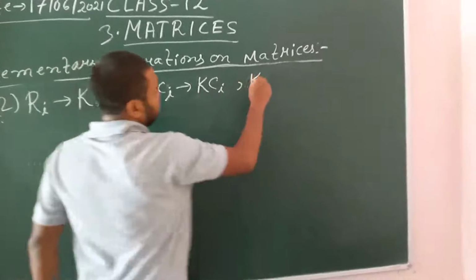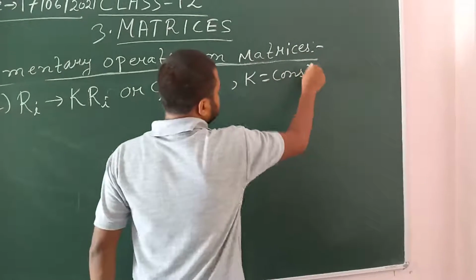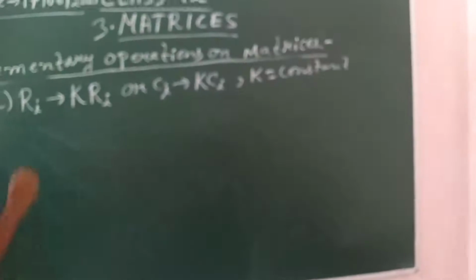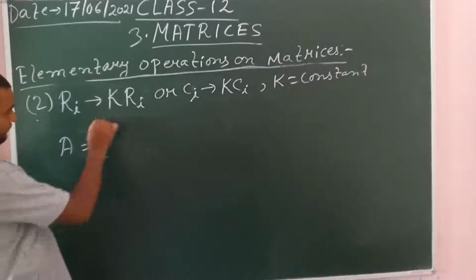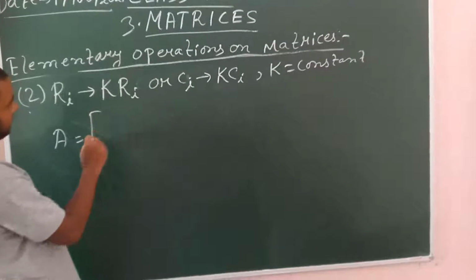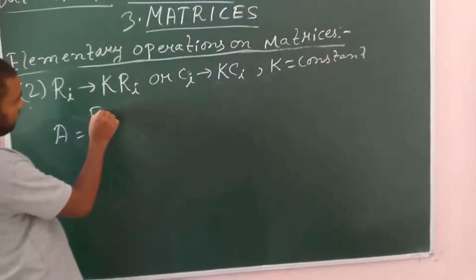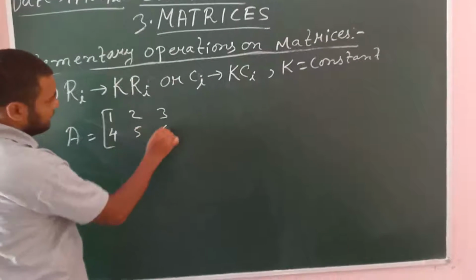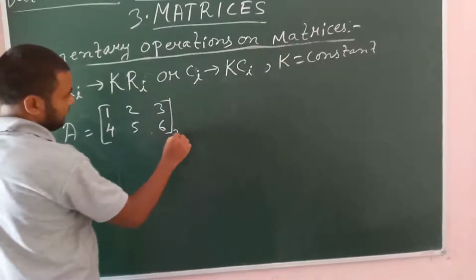This k is a constant, any constant. Suppose we take the matrix A: 1, 2, 3, 4, 5, 6, a 2 by 3 matrix.